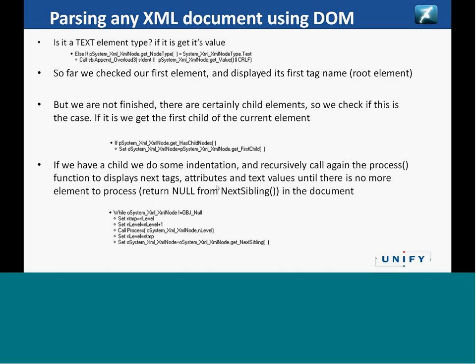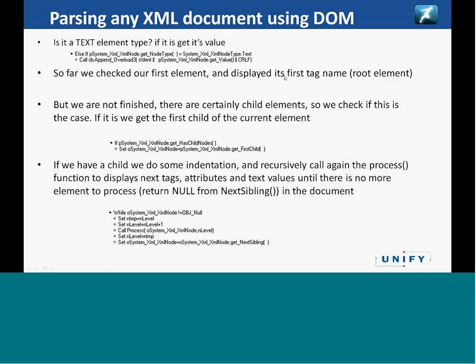So if it is a text element, then we get its value. So if the node passed to the process function, which is recursive, is of type text, as you see over here, then I'm also going to display its value.